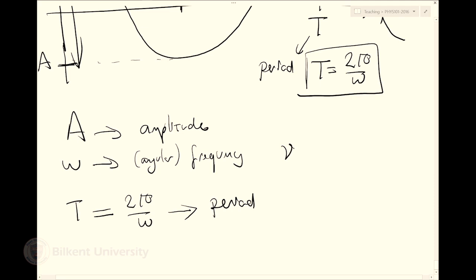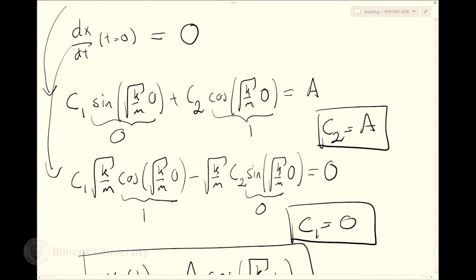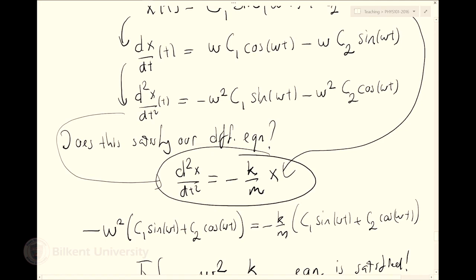Sometimes people also define nu, which is 1 over T, which is omega over 2 pi. That's also called frequency. Now we'll see that this kind of cosine or sine, which I'll call sinusoidal behavior, is common in all oscillations. The moral of the story, the thing we're going to do in oscillations, is to try to get back to a differential equation like that in every system we actually try to solve.